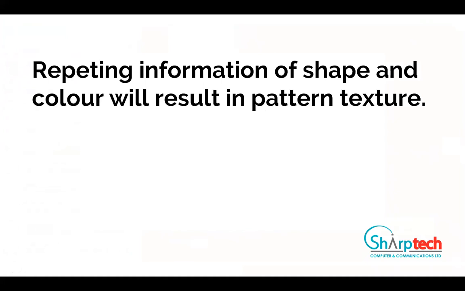So that means whenever you want to come up with a pattern texture, you only have one main thing that you need to do. Identify one symbol, identify one shape and a color, and then just repeat it several times.